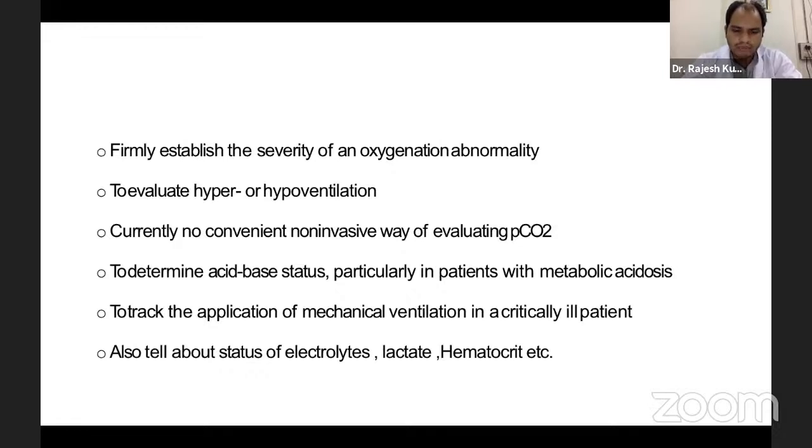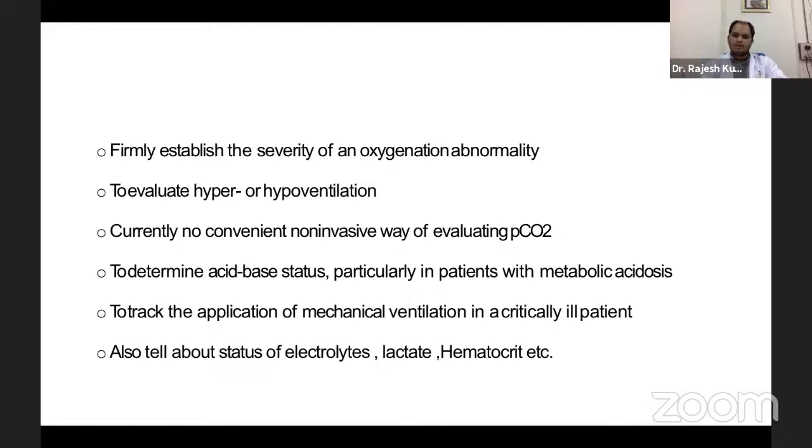ABG is also used to determine acid-base status, particularly in patients with metabolic acidosis, and to track the application of mechanical ventilation in critically ill patients. That means do an ABG, change your ventilator settings, and again do an ABG and change your ventilator settings.